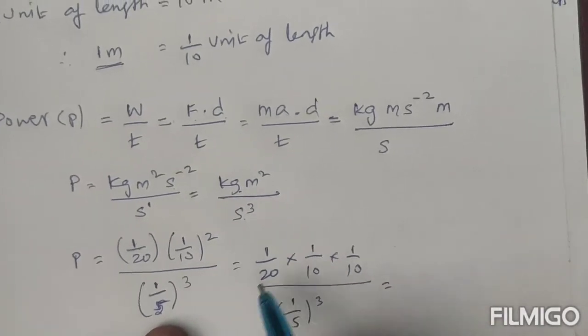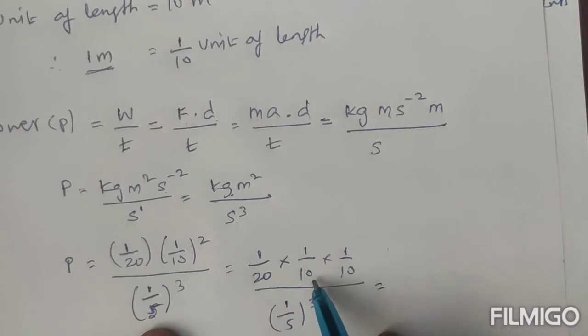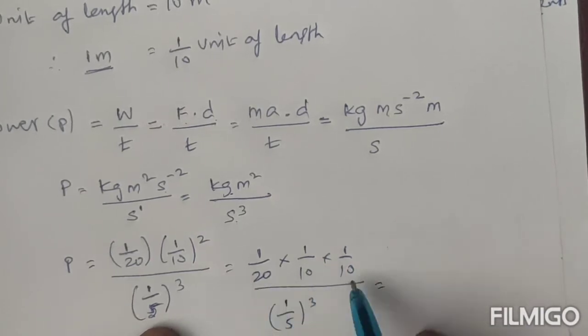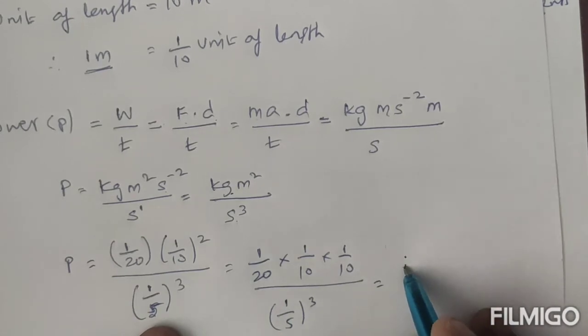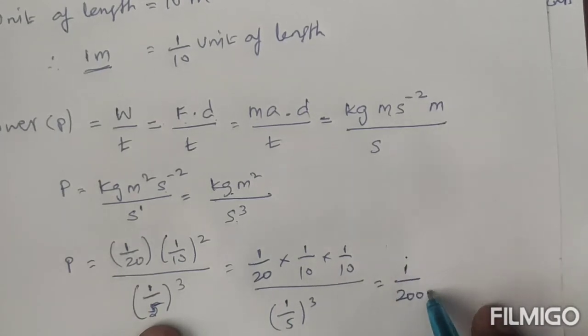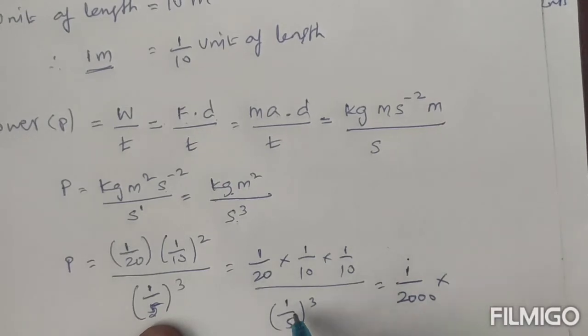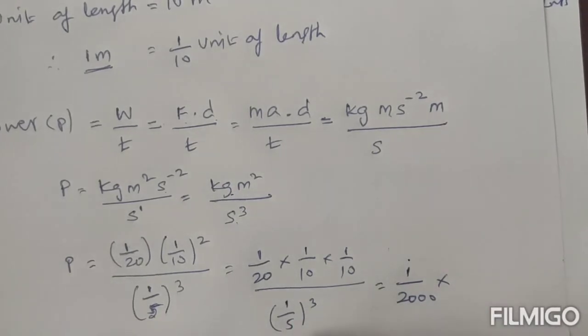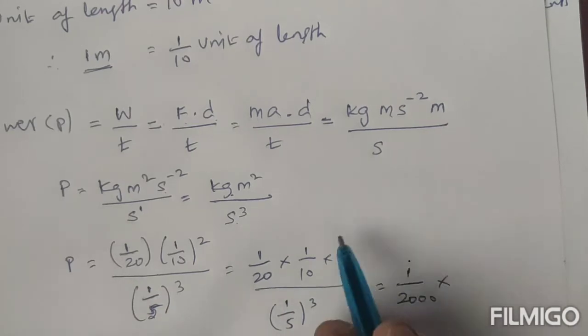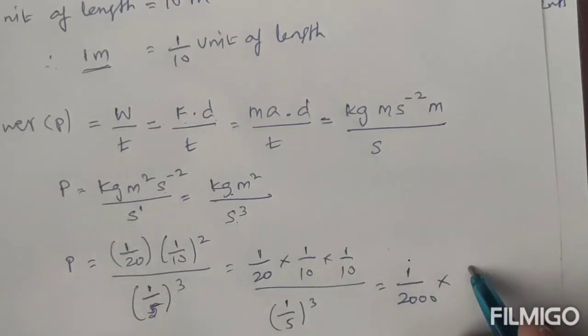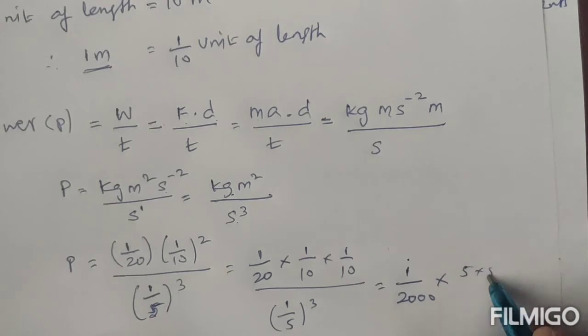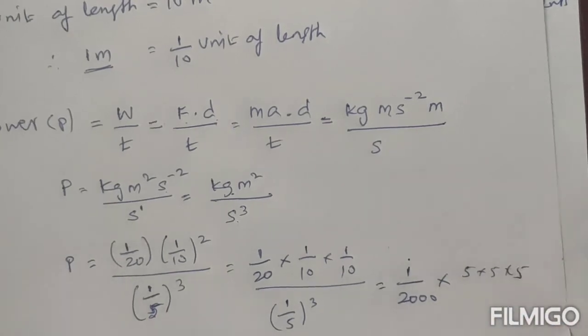So finally I can write this is 1 by 20, 1 by 10, 1 by 10, so this is 2000. So 1 divided by 2000, into 1 divided by 5, again 1 divided by 5, again 1 divided by 5. This is in the denominator; moving to the numerator we can write 5 into 5 into 5.